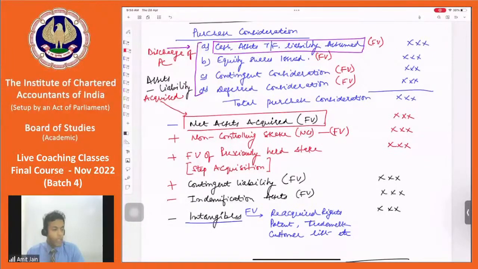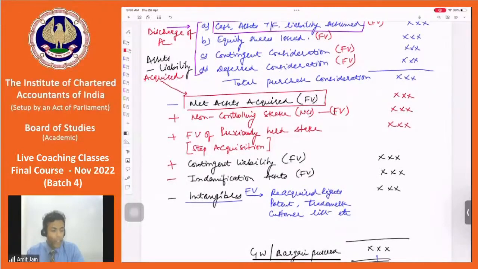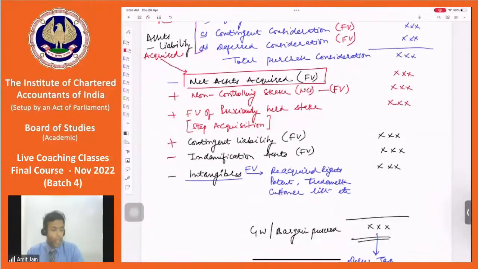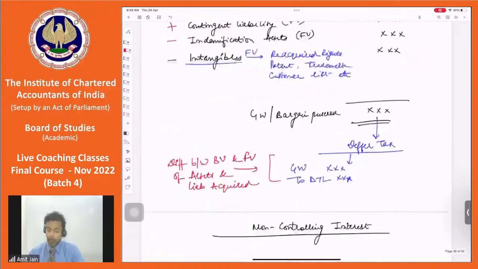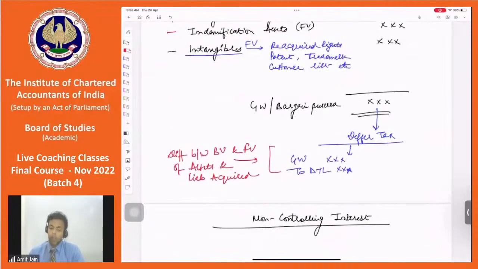Okay, Kumar Manglam is saying, respected sir, by calculation of the deferred tax, we indirectly also consider the difference between the book value and fair value. Hence, its effect also reflects. Absolutely correct.